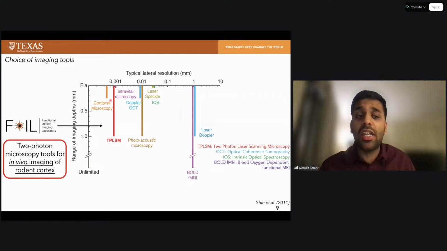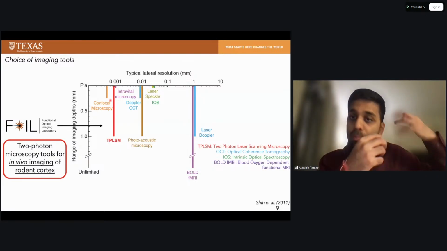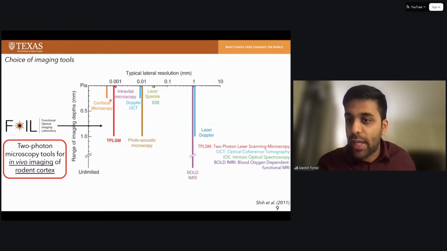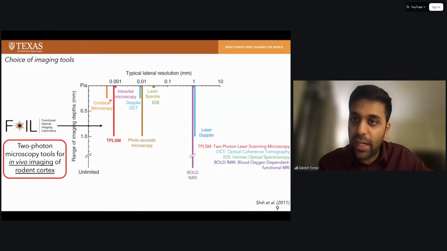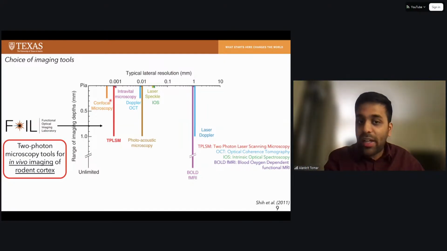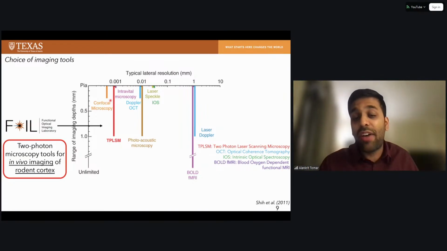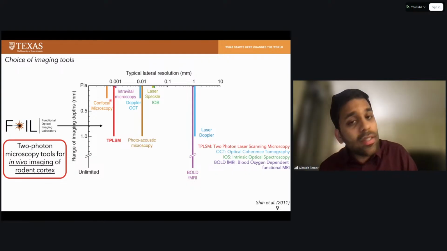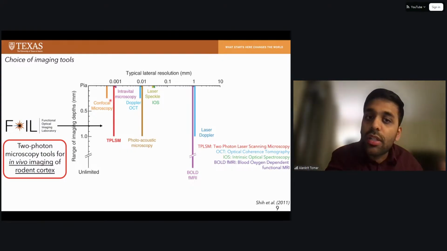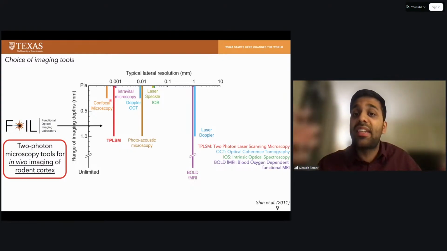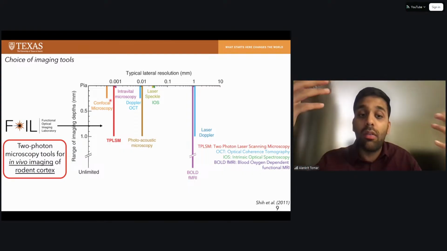So in my PhD, I undertook brain imaging of the rodent cortex, which means I did imaging of the mouse brain. As you might have heard, mice share 95% of their DNA with humans. So if we can understand how the mouse brain functions, we might be able to understand someday how the human brain works as well.